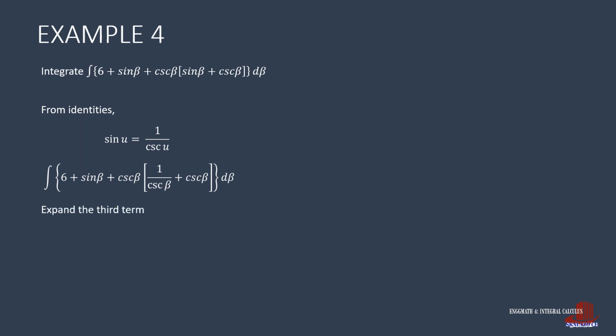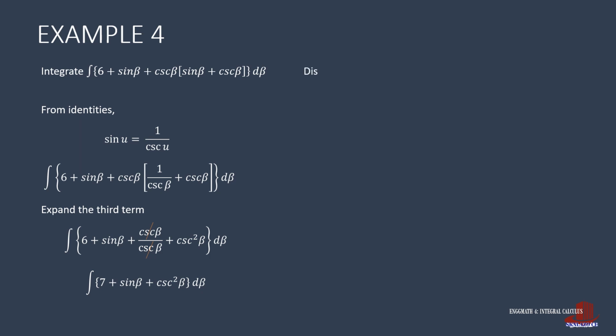Then multiply cosecant beta into the quantity, where we get the integral of 6 plus sine of beta plus cosecant beta over cosecant beta plus cosecant squared of beta times d beta. Cosecant beta over cosecant beta is simplified as 1, and this is added to the first term, making it 7. So the reduced function becomes the integral of 7 plus sine of beta plus cosecant squared of beta times d beta.